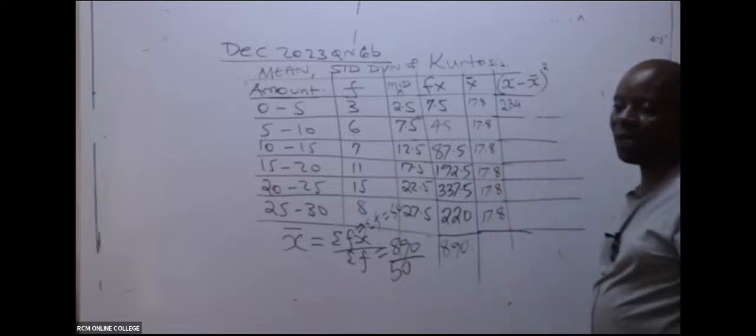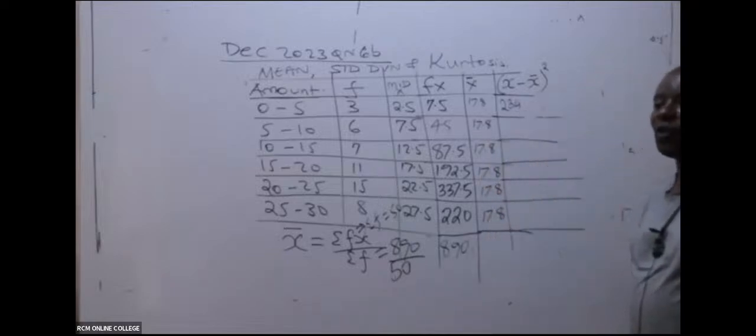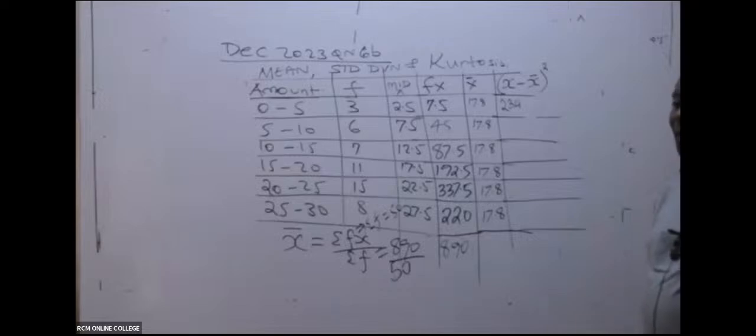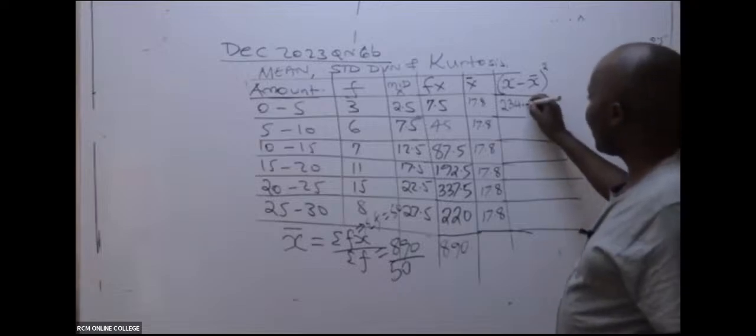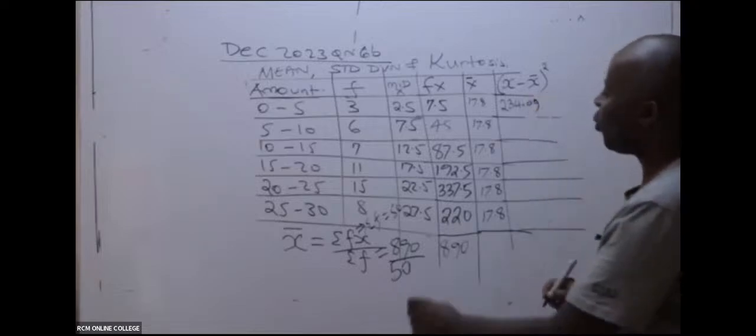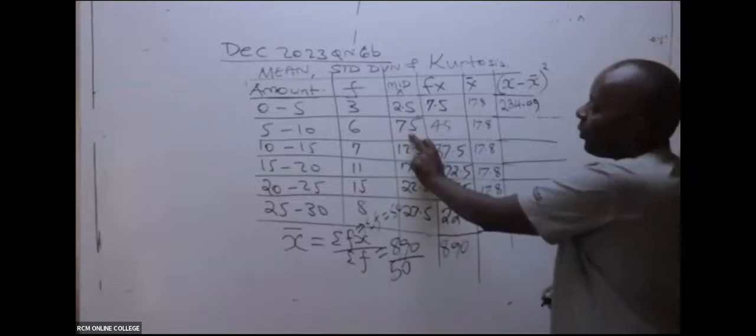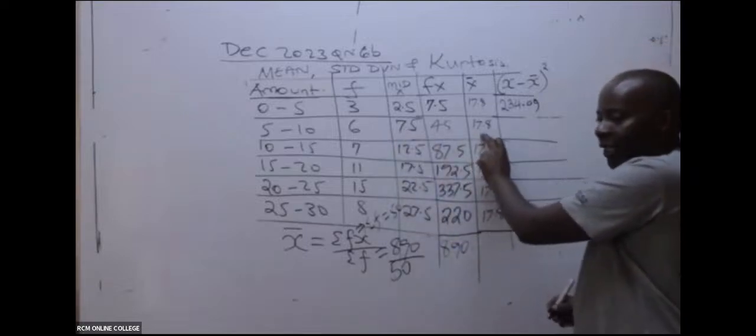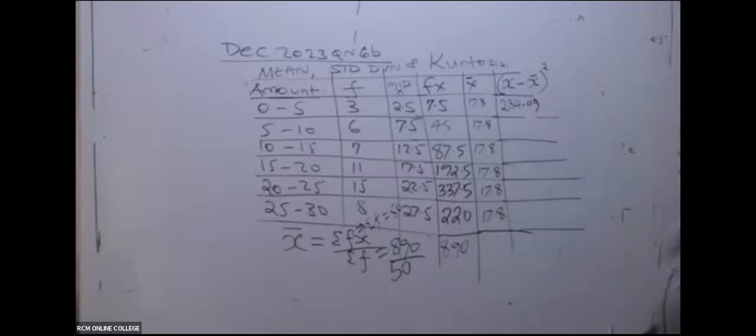We start with the first one. 234.09. Thank you. Let's go to the second one. So the second one, x is 7.5 minus 17.8. Whatever you get, you square.